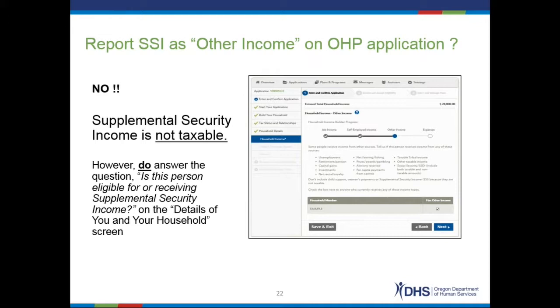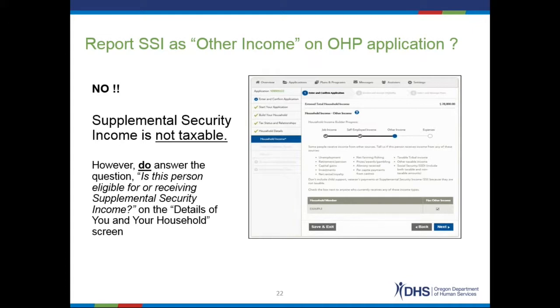But again, the tricky part sometimes is making sure that your client is getting SSI and not SSDI. So, you know, these are not terms that are intuitively known by the general population. So try to help them figure it out if they're not sure. However, there's another question on the OHP application that says, is this person eligible for or receiving supplemental security income?